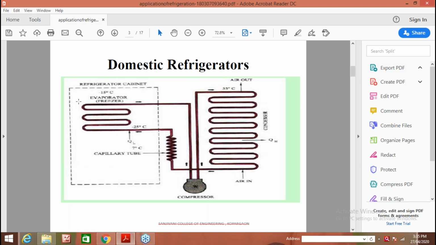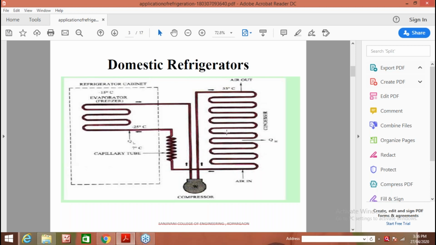Understood? The uppermost compartment is the freezer where the evaporator is placed, and because of cold air circulation from this upper compartment, the other three compartments get cooled. After taking heat from them, the air becomes hot and tries to move upward. Again it gets cooled, and after cooling, the air moves downward. This happens continuously, so the other three compartments get a cooling effect by circulation of cold and hot air.